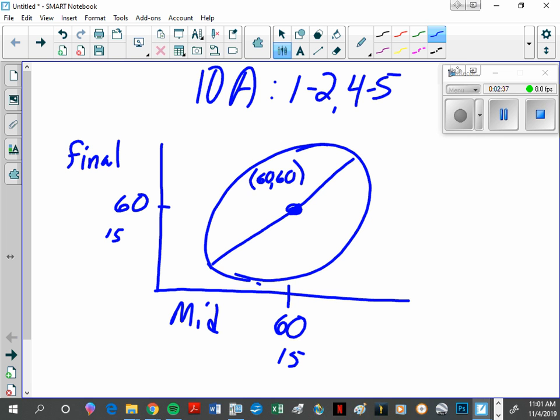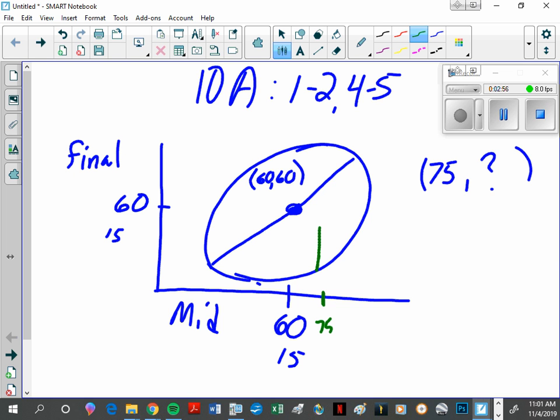So, one of the questions asks, if you get a 75 on the midterm, what would you expect to get on the final? Well, that's 1 SD, so right here is 75.